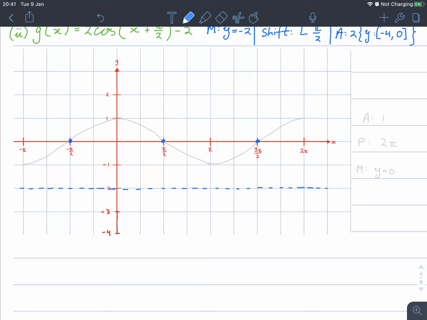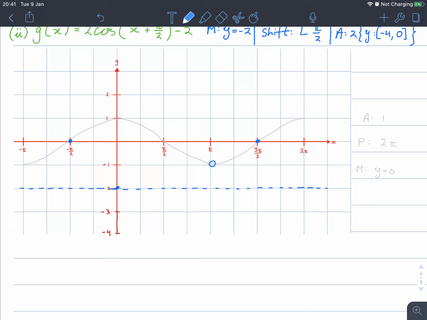This intercept, which was normally here along the mean value, is now shifted to the left. So this mean value is now going to be here. This lowest point here would have been the lowest point here because it's 1 down. But because of the amplitude, it's now moved 2 down and shifted to the left.